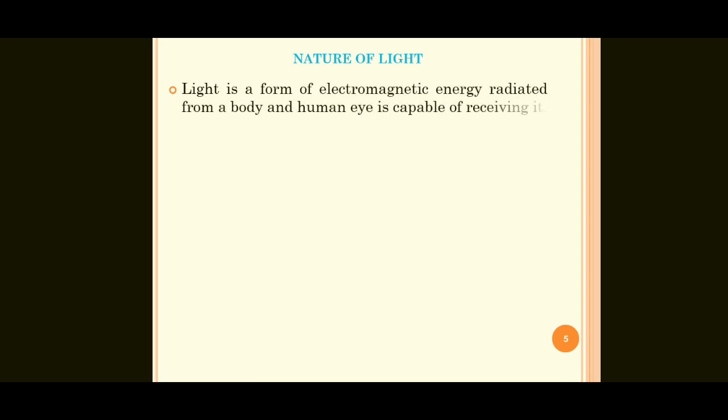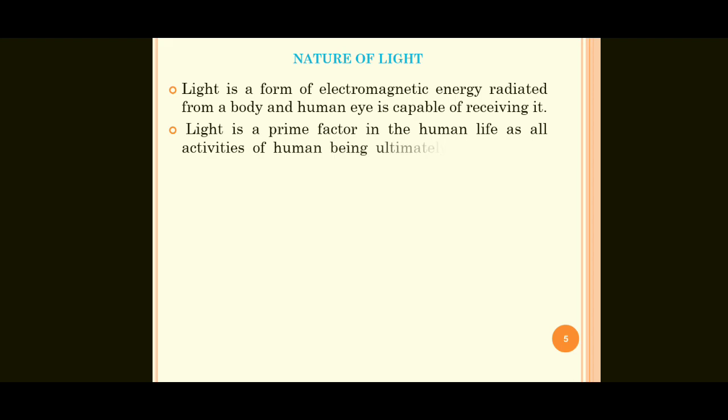Nature of light. Light is a form of electromagnetic energy radiated from a body, and the human eye is capable of receiving it. Our eyes receive light of different colors and different wavelengths, measured in angstrom units.